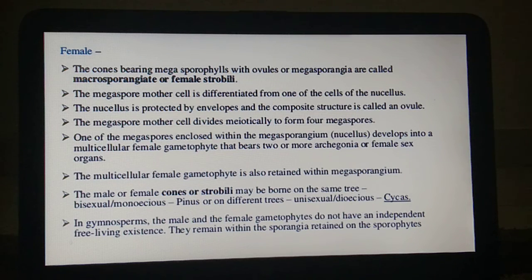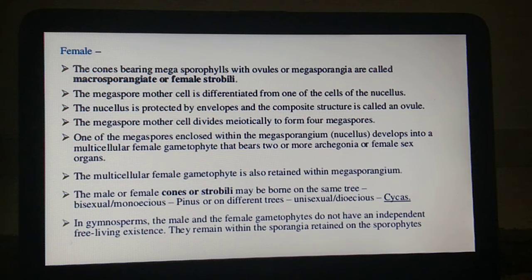Now the megaspore mother cell, students, is differentiated from one of the cells of the nucellus. Nucellus is basically part of the ovule, and this nucellus is protected by an envelope. And the composite structure is called an ovule. You might have studied double fertilization in case of flowering plants.